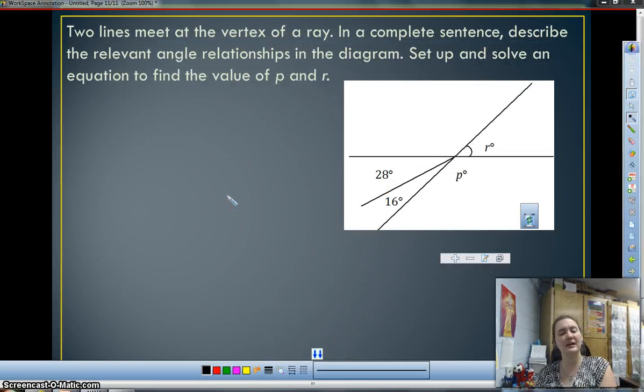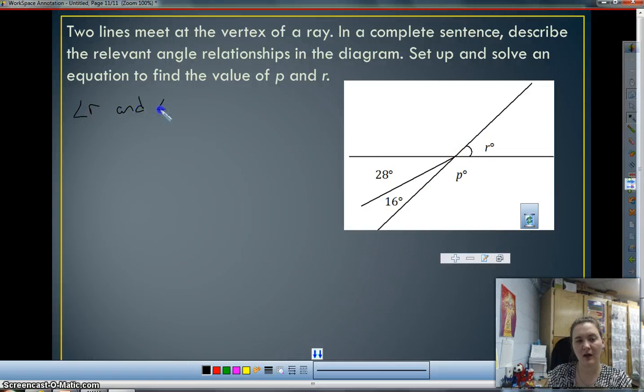Two lines meet at the vertex of a ray. So let's describe the relevant angles. We can see that R and P come together on a straight line, so they are supplementary angles. We can see that angle P, angle of 28 degrees, and angle of 16 degrees are also supplementary angles.